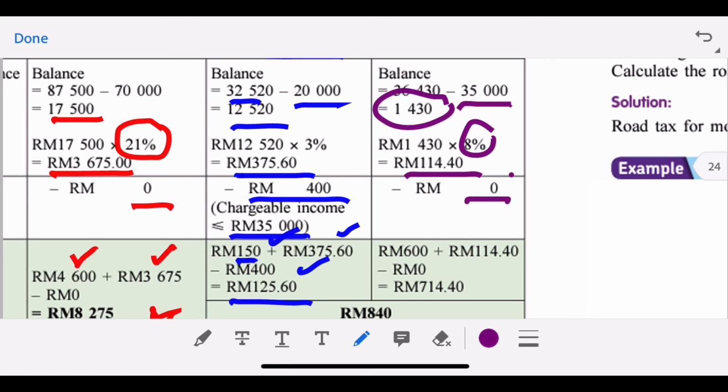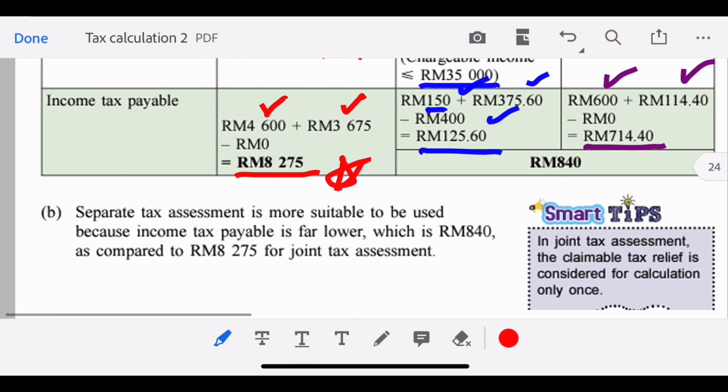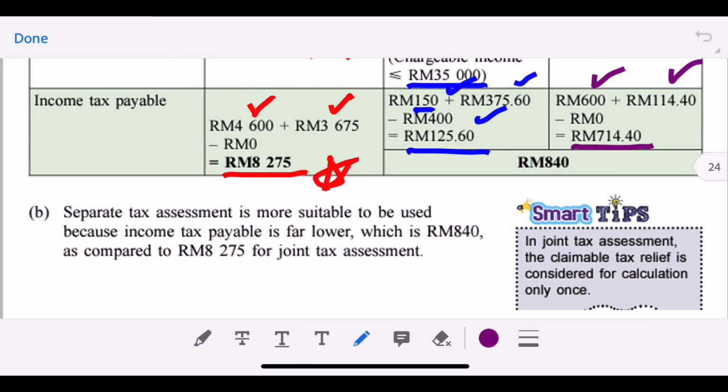So total tax will be 600 plus 114.40 minus the rebate, which is 714.40.